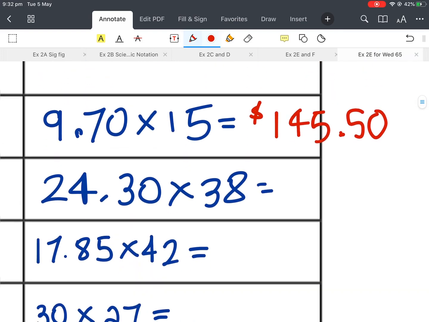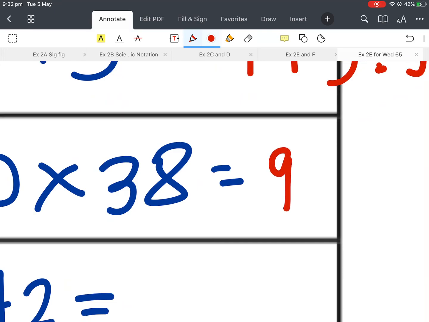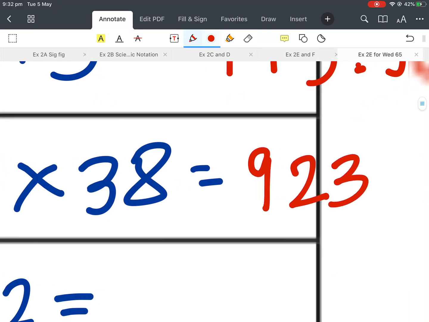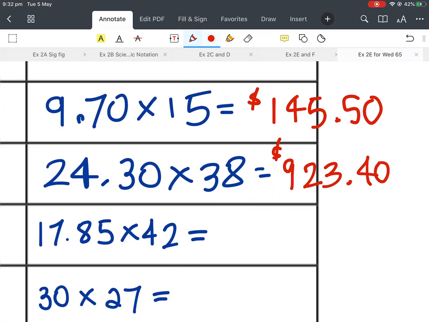Don't forget the 0 on the end for 50. Next one, 24.30 times 38 gives me $923.40. Sorry, that one was running out of room.